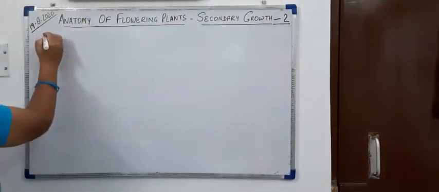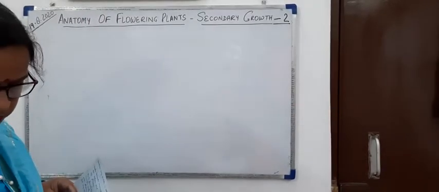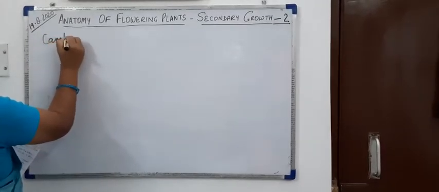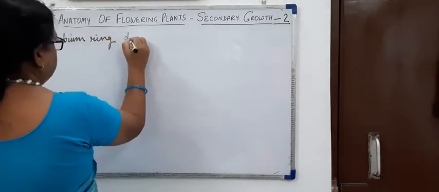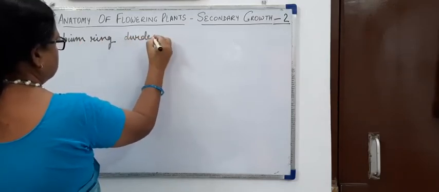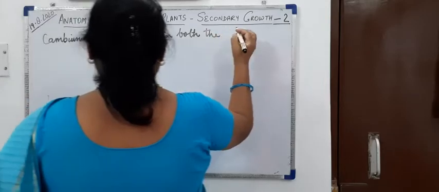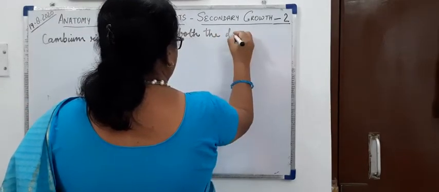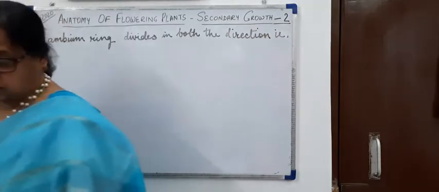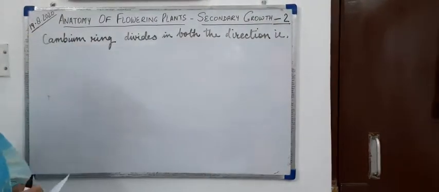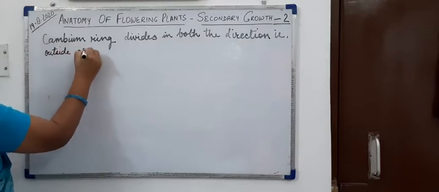So the cambium ring divides in both the directions, that is outside or inside.